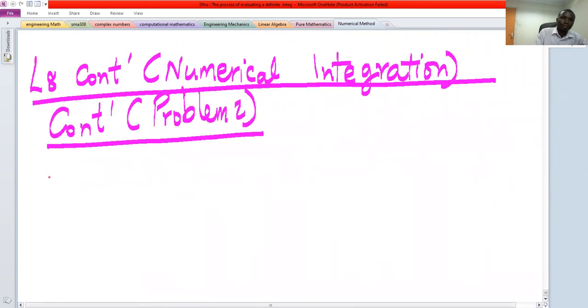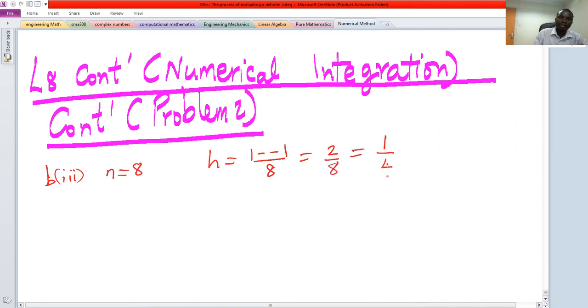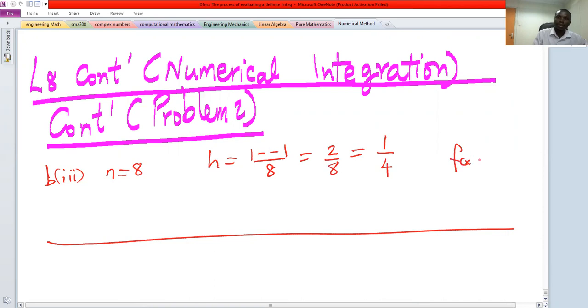So B Roman 3, n equals 8. h will be 1 minus negative 1 over 8, which is 2 over 8, which is 1 over 4. So you make a table of values. Remember the function is 1 over 1 plus x squared.